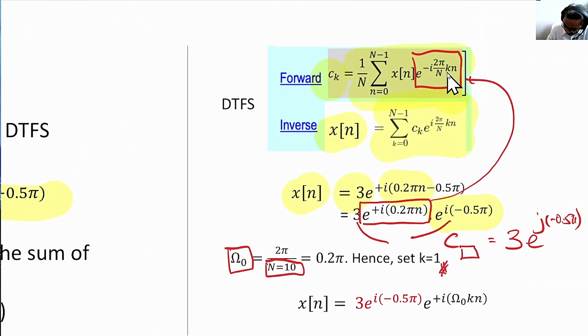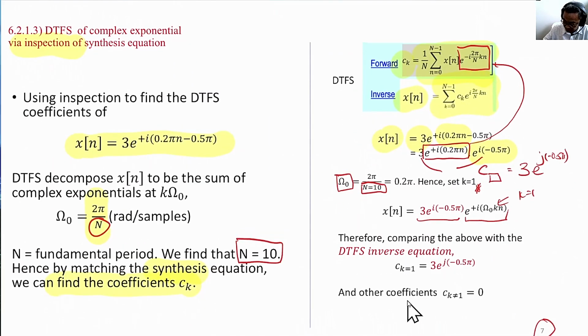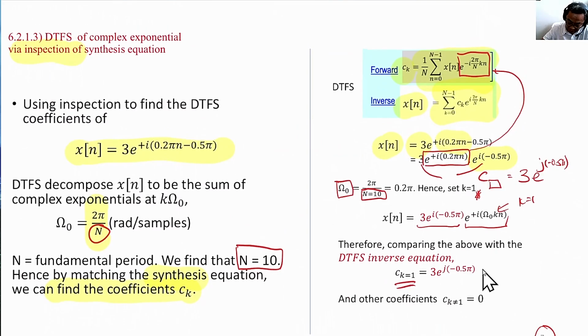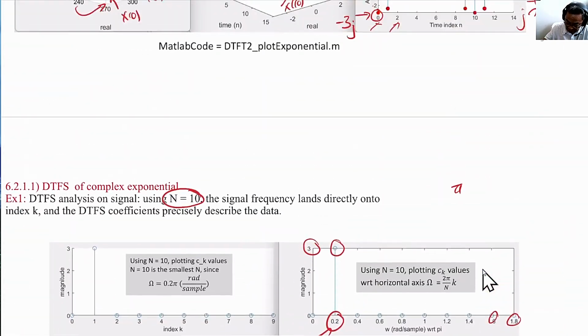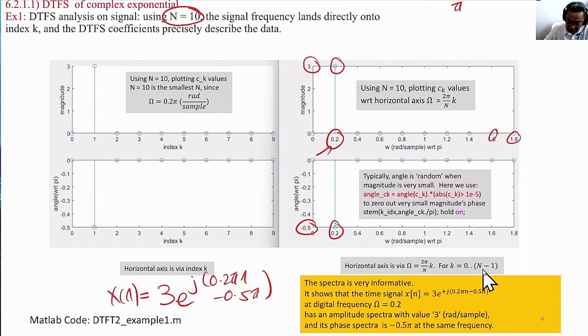So we now identify that k is equal to 1, and the magnitude is 3, and the phase shift is minus 0.5 pi. So we can find by direct inspection that C1 is equal to this value, which is what's apparent when we see this example anyway.